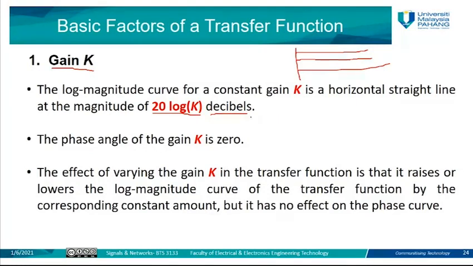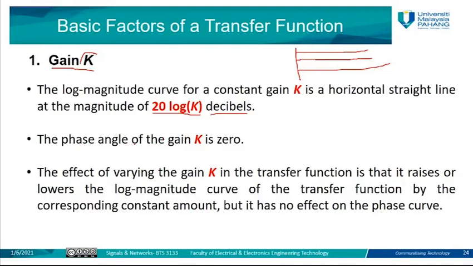Whatever the value of k, you use your calculator, find 20 log of this value, then draw it. It gives you a constant number, so you draw it on the vertical axis as a horizontal line parallel with the frequency axis.